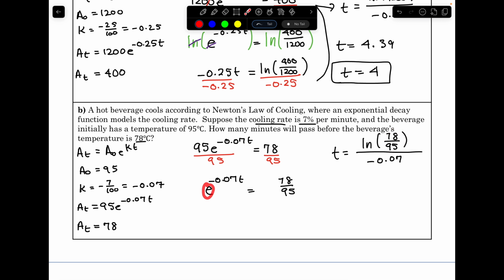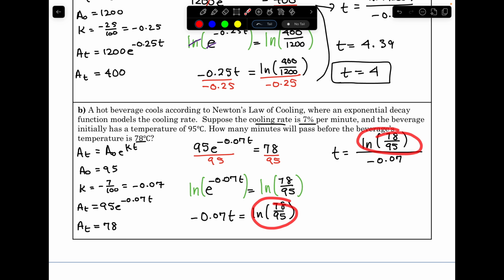Now to get rid of the e, we're going to take the natural log to both sides. And negative 0.07t equals the natural log of that 78 over 95. So you see that is that right there.